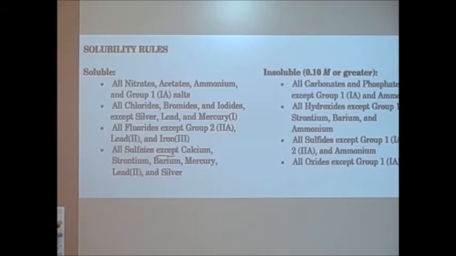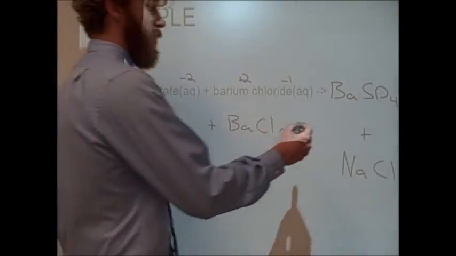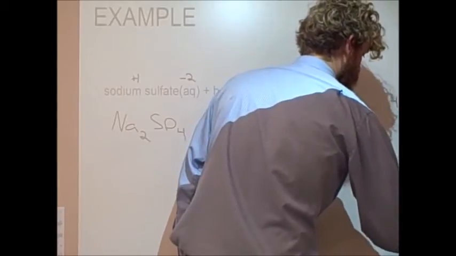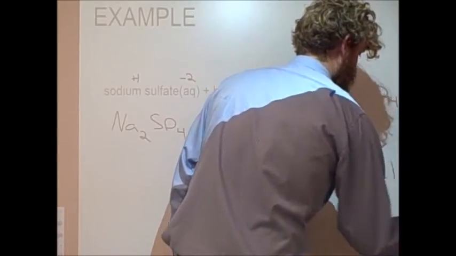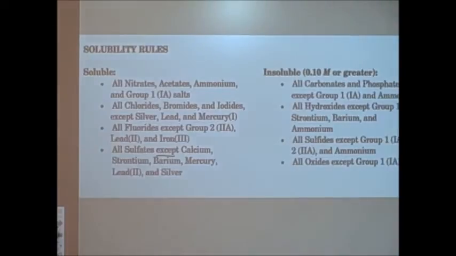So we know that that one is insoluble. So we know that this is a solid and this is aqueous. Now, this is something that you might be able to do on your own. You know that sodium chloride is soluble in water. Therefore, you can assume that barium sulfate is insoluble.